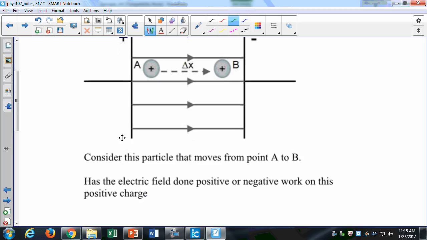Has the electric field, in this case, done positive or negative work on this positive charge? Let's think back. Work was that force times displacement. And we said something last semester about the force and the displacement being in the same direction or the opposite directions. So in this case, is the work done positive or negative?